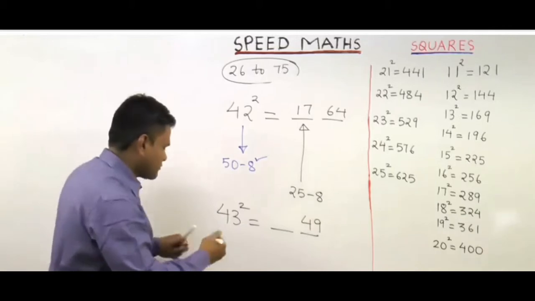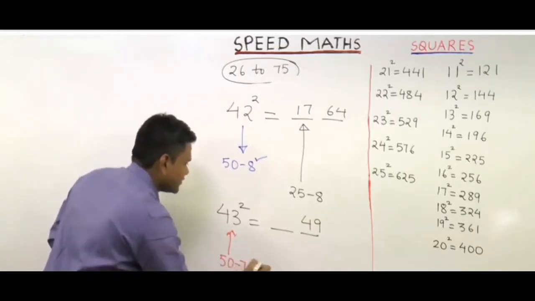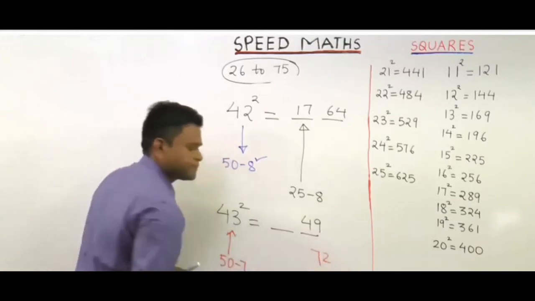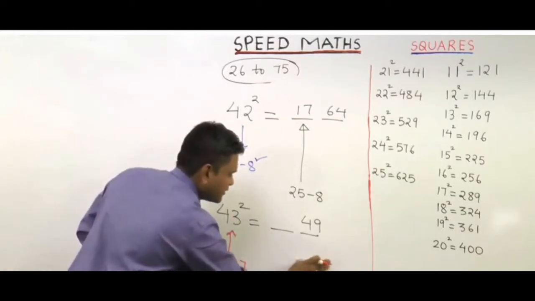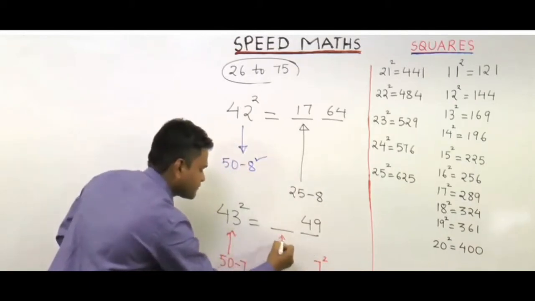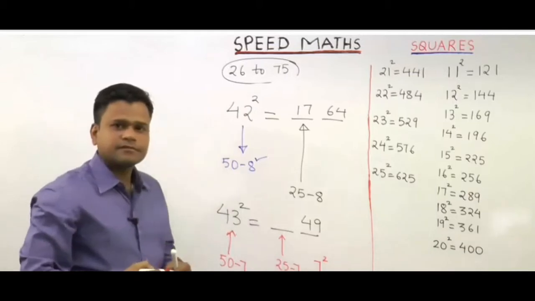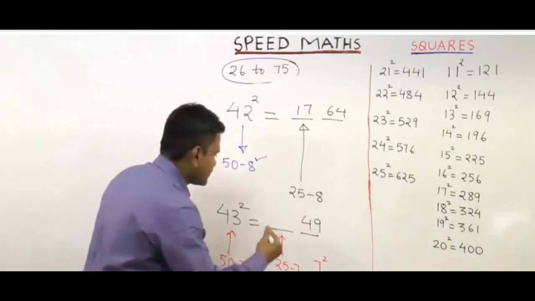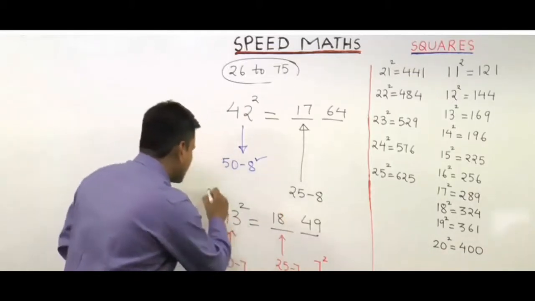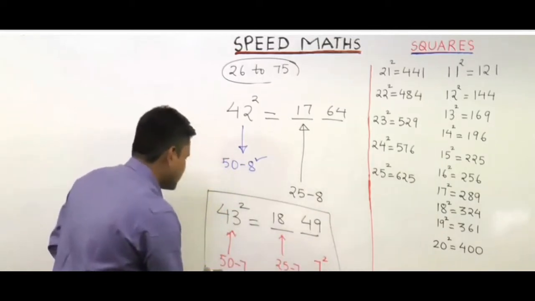So we say that the number, this one, 50 minus 7, so we take 7 squared. And this part is 25 minus 7, 1849.